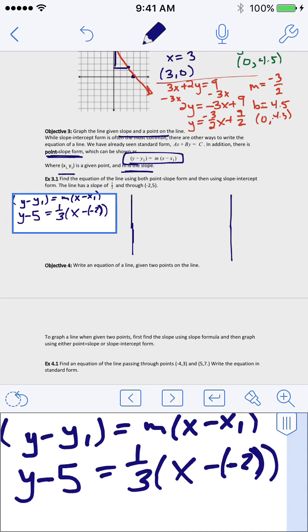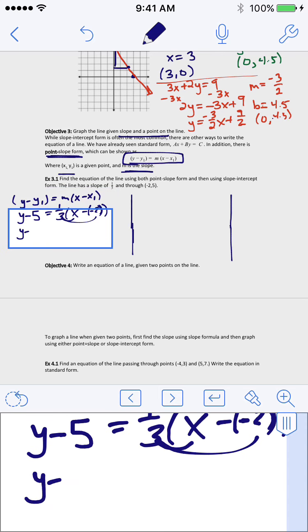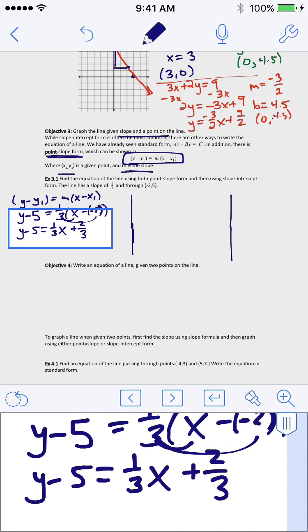Okay, so we're going to simplify this down so that it looks like y equals mx plus b. So we can distribute this guy in. We get y minus 5 is equal to 1/3 x minus a negative gives us a +2. +2 times 1/3 would be a 2/3.